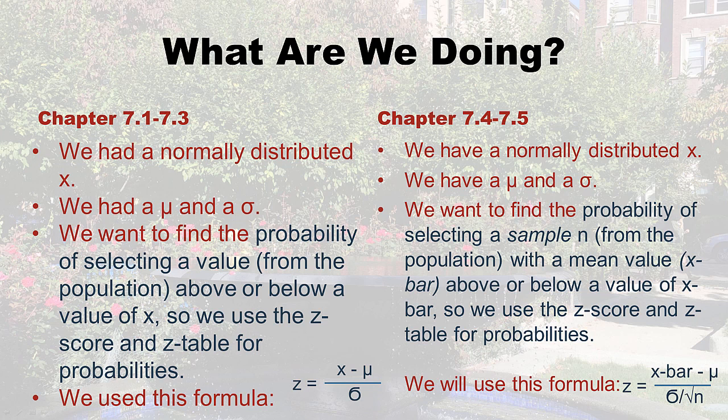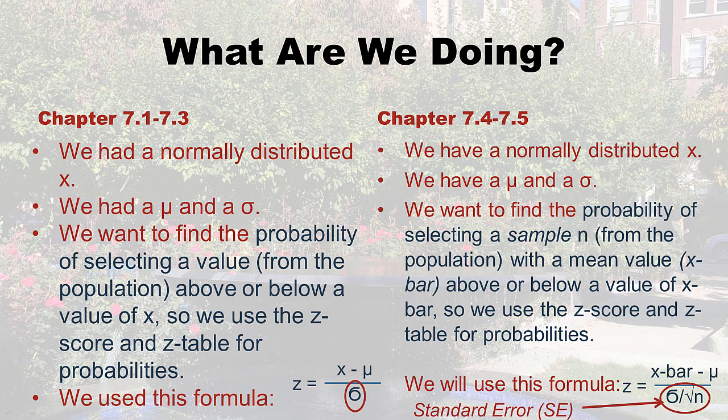We take the x bar, the mean value from that sample, and that's what we're doing the z-score on, the x bar instead of the x. So in the formula below, the other one just had x in it because we only had one. This one has x bar in it because we have a sample.